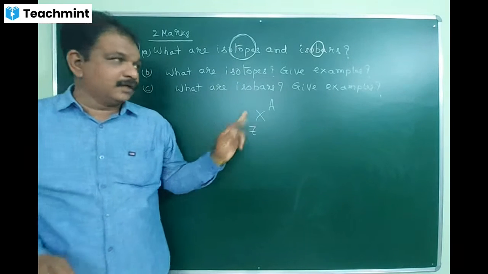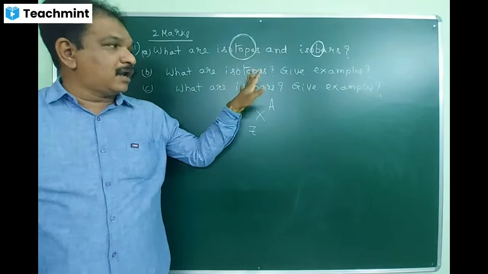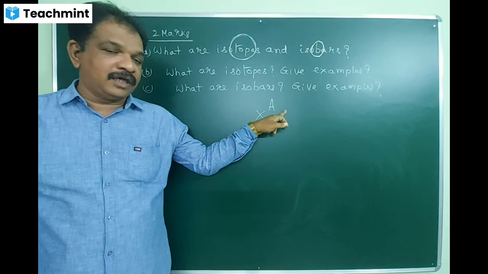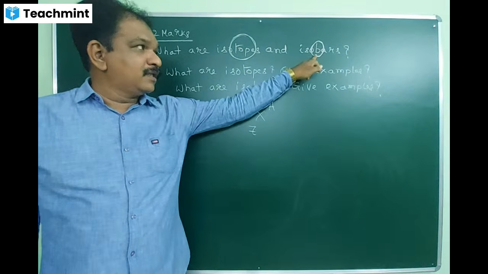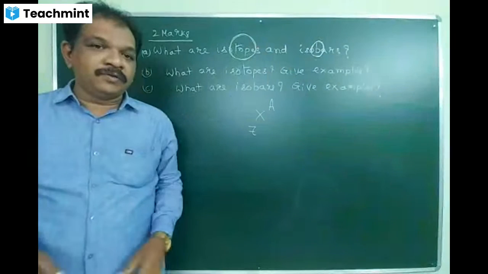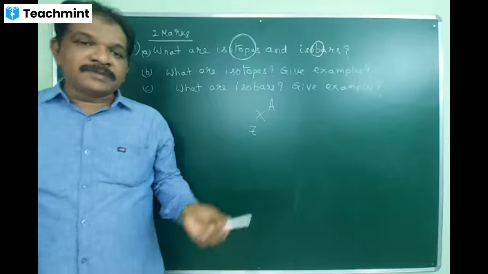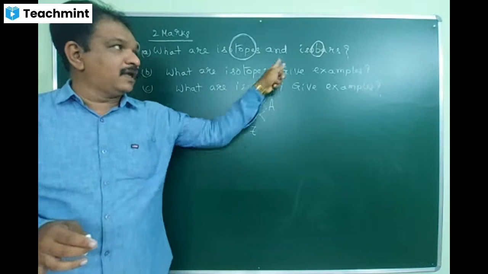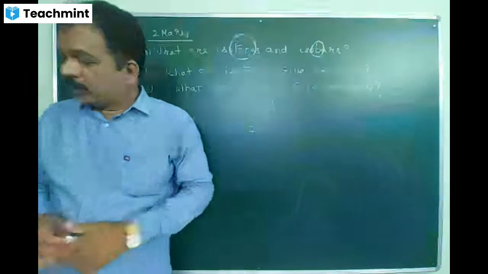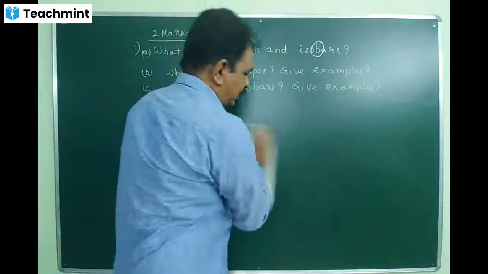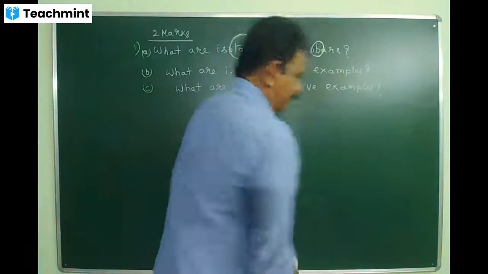Top means mass number. Remember the B in isobars: B means bottom. Bottoms are not same, those are called isobars.